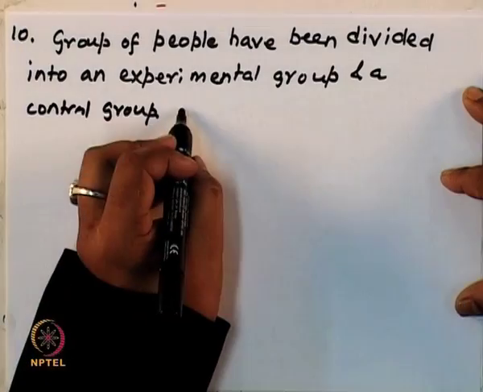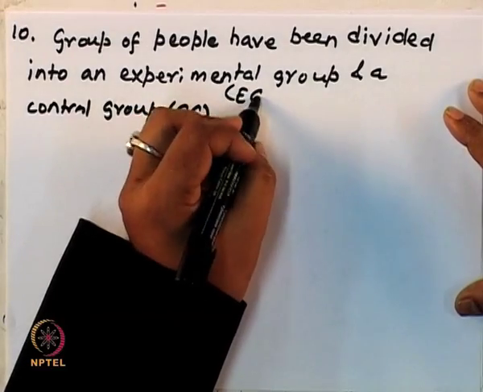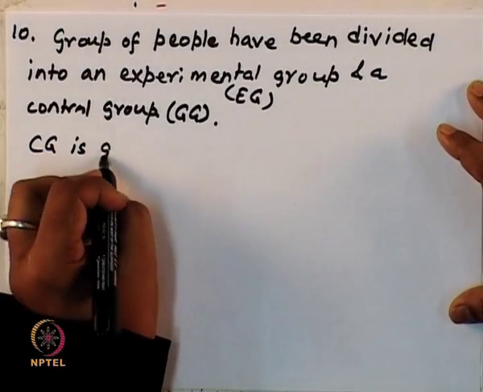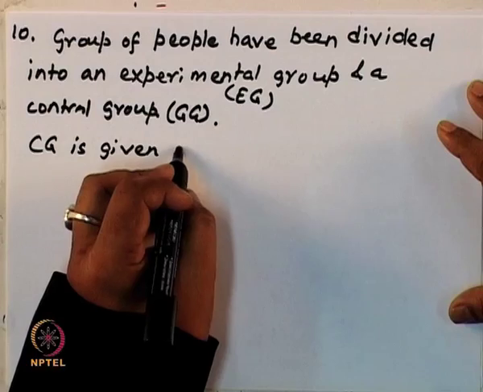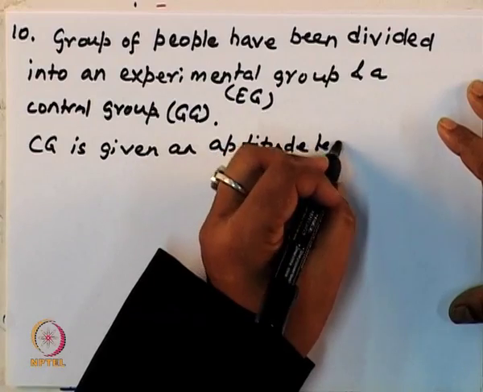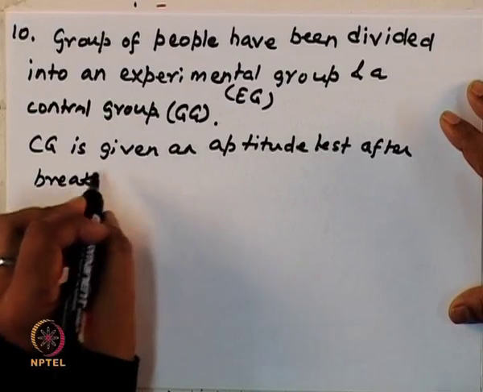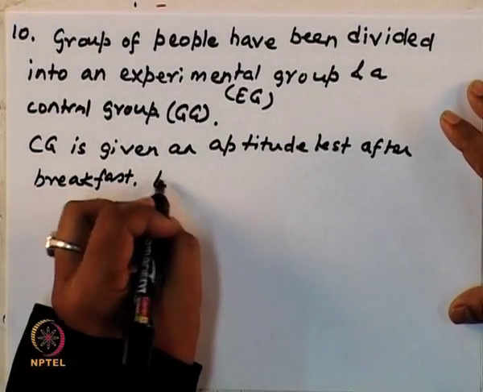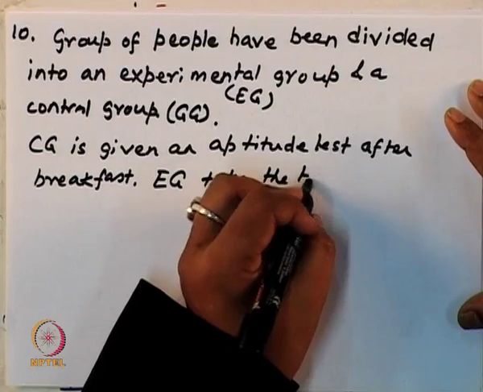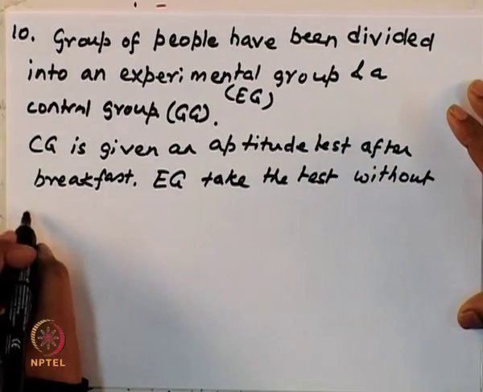I will write CG for control group and EG for experimental group. Your CG is given an aptitude test after breakfast, versus the experimental group takes the test without breakfast.